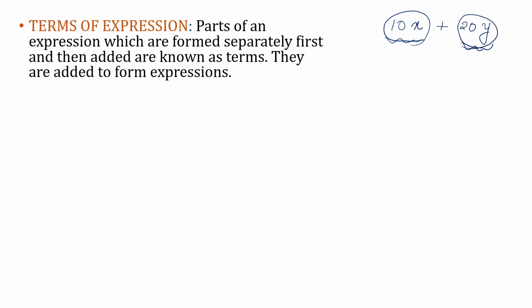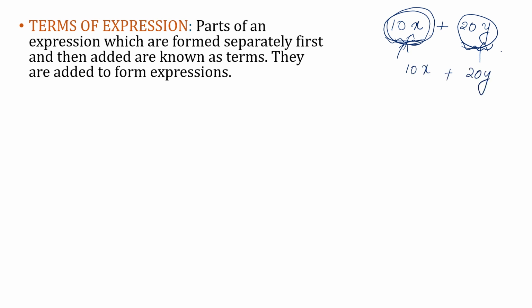Terms of an expression are the parts of an expression which are formed separately and then added together. Here this is the first term, 10x, which we formed separately. This is the price of the pens and this is the price of the pencils. These two are separately formed. Then to find the whole value we added them together.